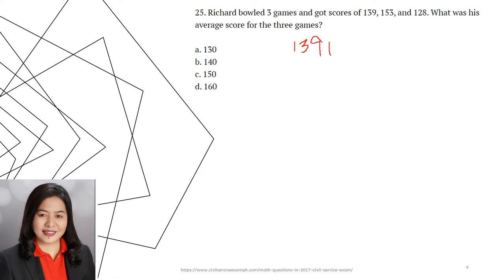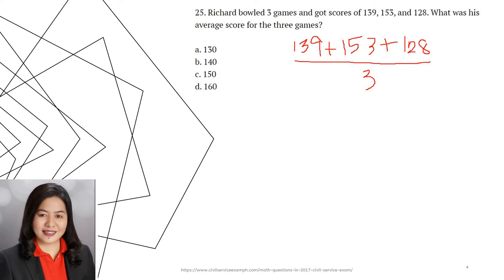So we add 139 plus 153 plus 128, and we divide that by the total number of games, which is 3 games.